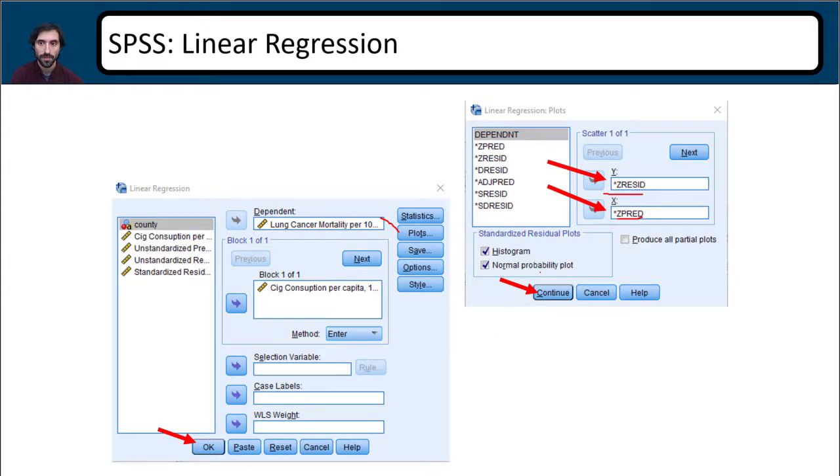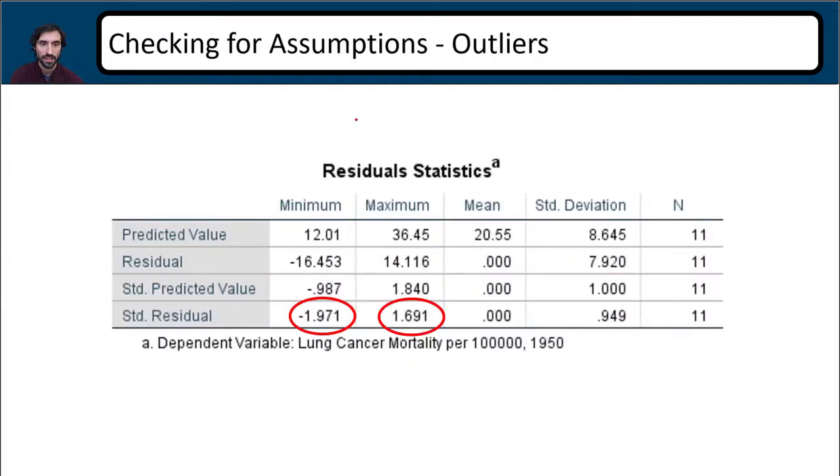So we hit OK, and what you will get is here's our residuals. So this is basically telling us, is there anything that's way too far out there? And this is giving us our minimum. When I say way far out there, we're talking about this line here, and then we have a dot here, and our residual is this line that connects back to the line. So how far away it is.